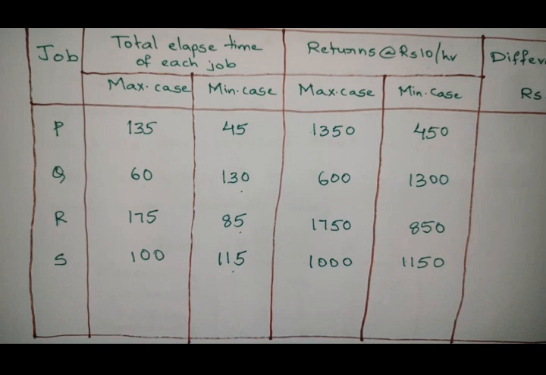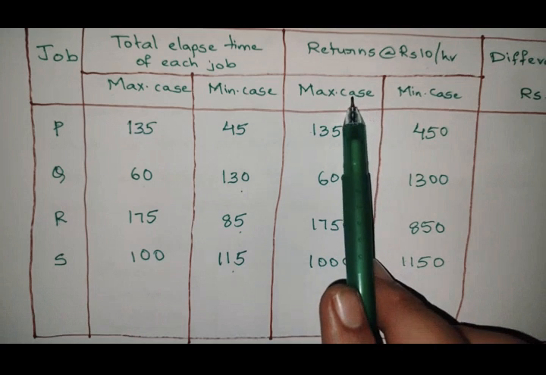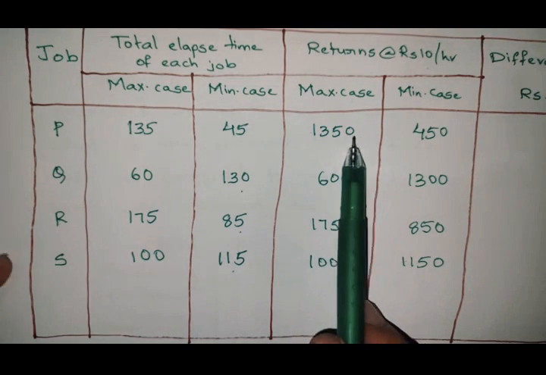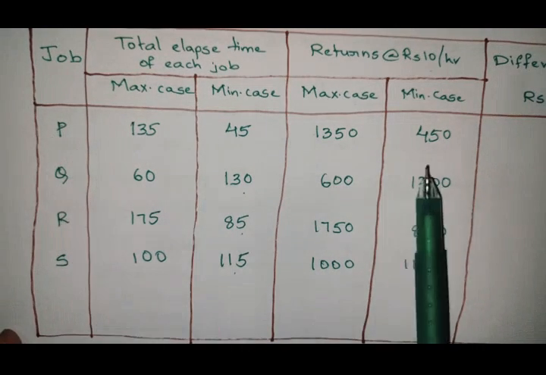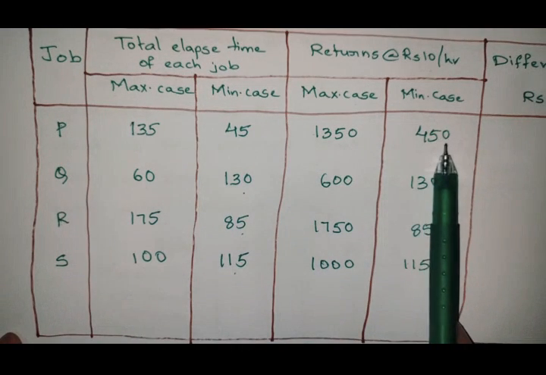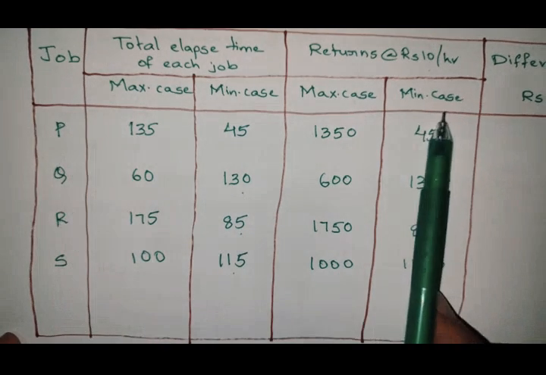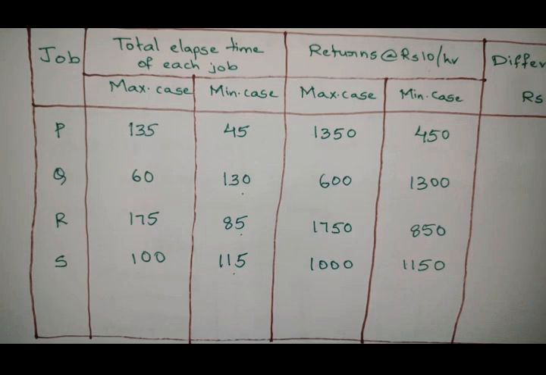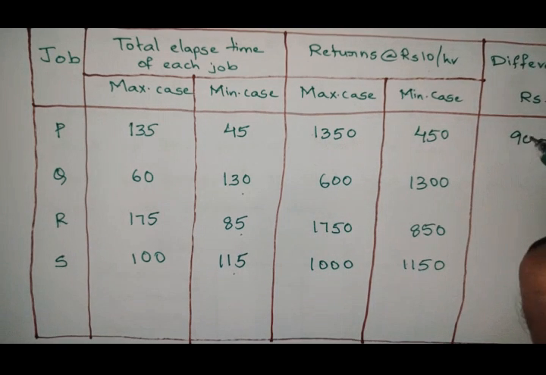Okay. Now let us see a maximization case. 1350 rupees he will charge for job P, and only 450 rupees for job P in a minimization case. So what is the difference amount? 1350 minus 450, that is 900 rupees.